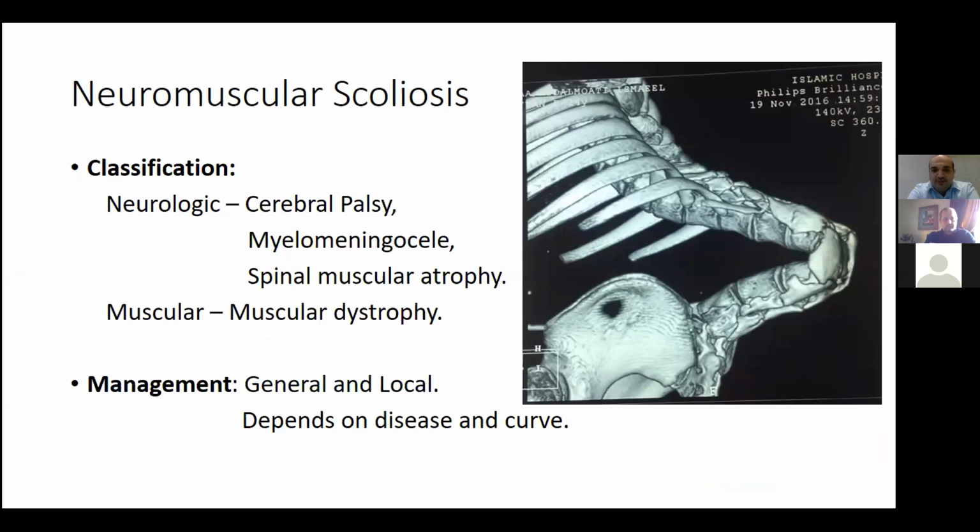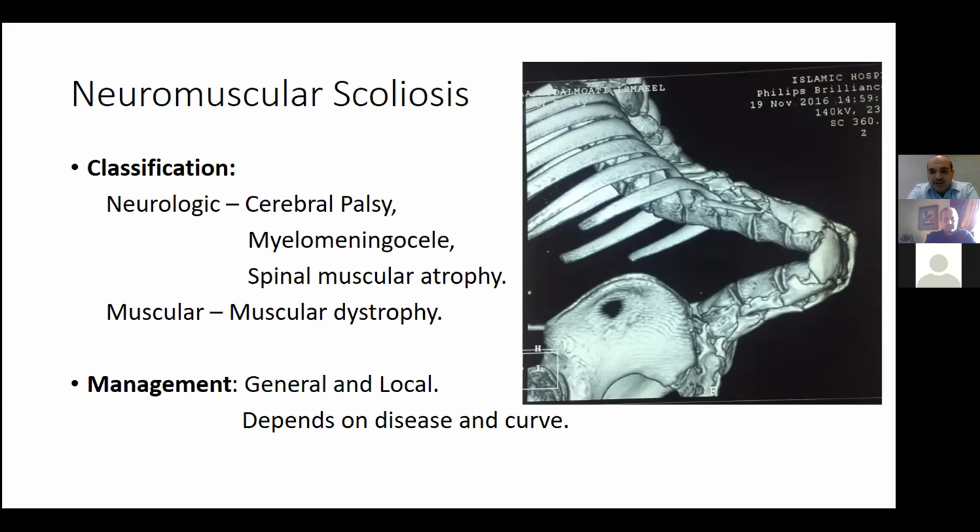We have an imbalance of power, and usually the strongest muscle will always bring the spine toward its side. So for the management, we have to do general and local. General means managing all the other problems of the patient, and then locally.